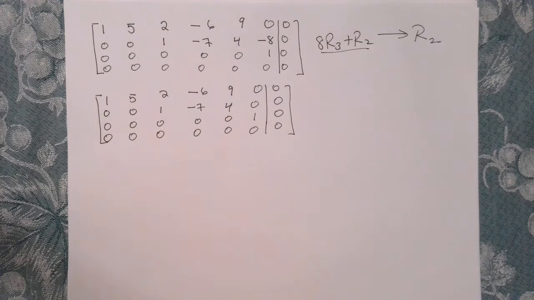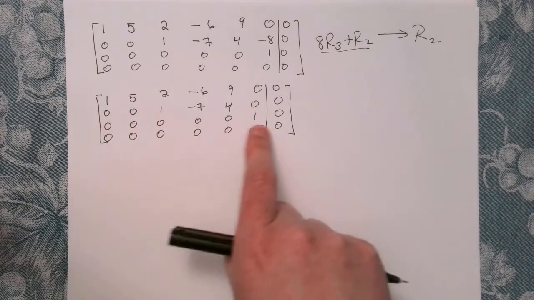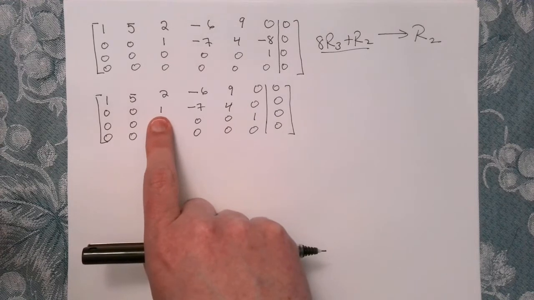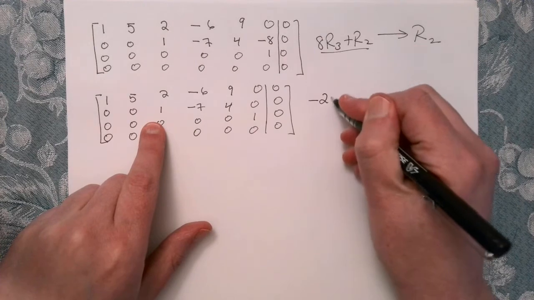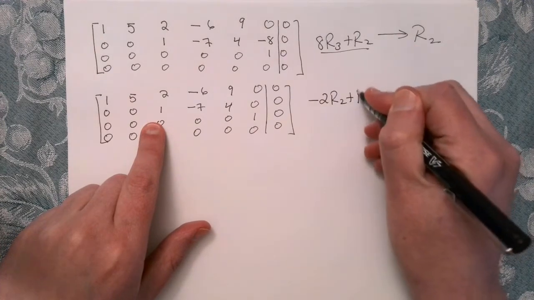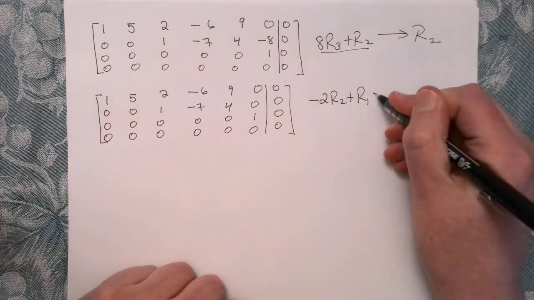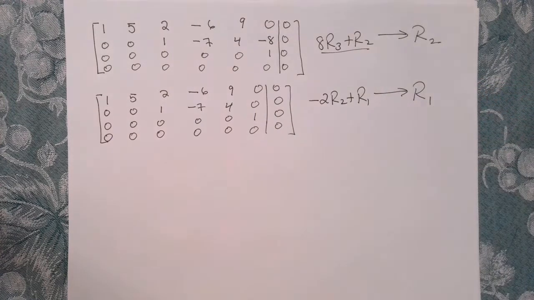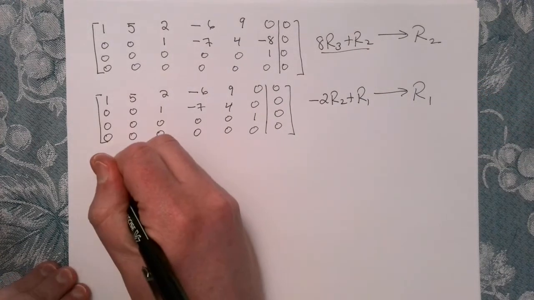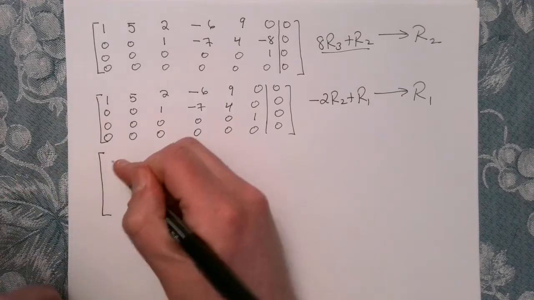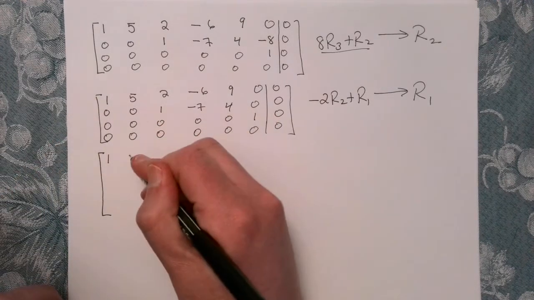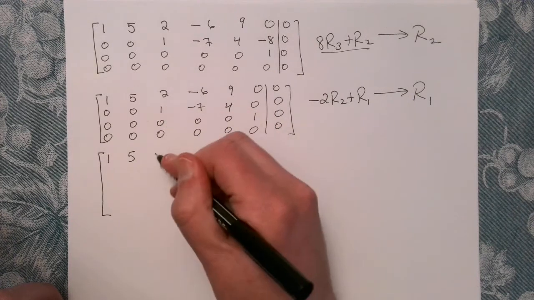Okay, so that seems pretty good. I'm noticing 3 pivot positions. So above this leading 1, I want a 0. So let's just take row 2, multiply it by minus 2, plus row 1, and this sum will replace row 1. Okay, so that'll be 0 plus 1, 0 plus 5, minus 2 plus 2.